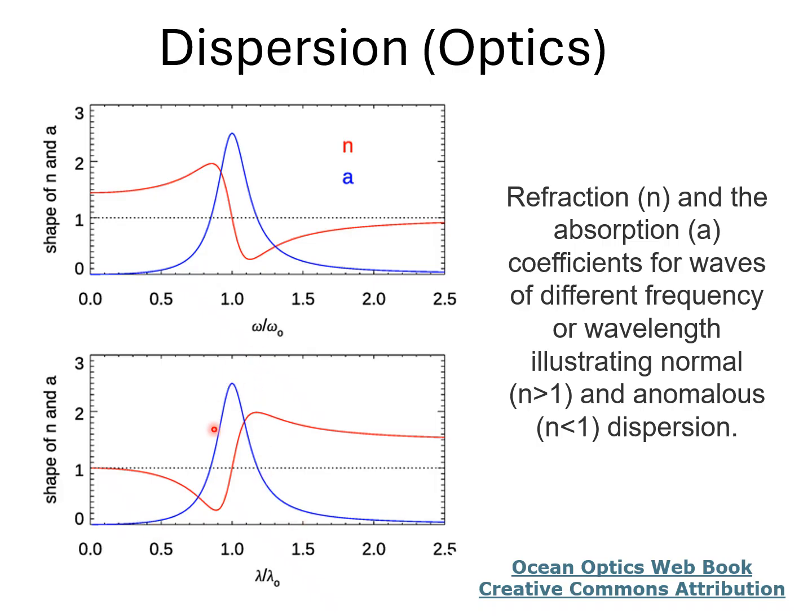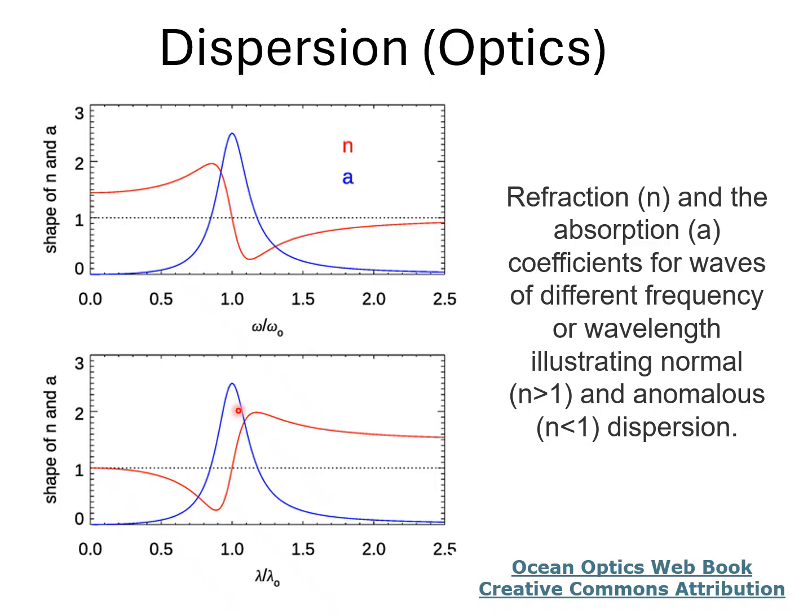I'm not sure what the absorption is here, but the refraction effect of the waves as we get close to one is shown here, and this shows that you get more absorption here, or destructive interference, and more constructive interference here.